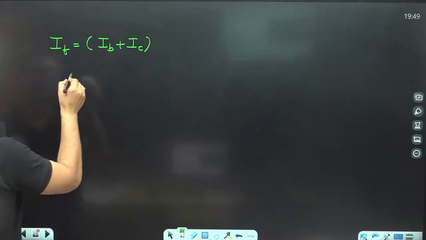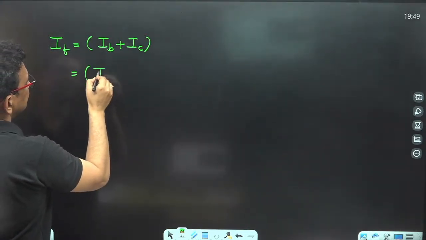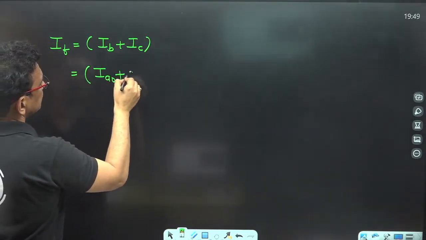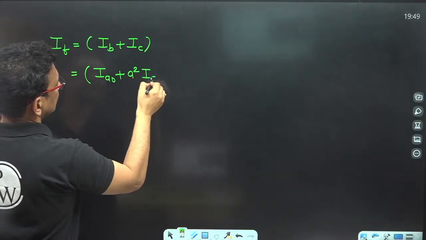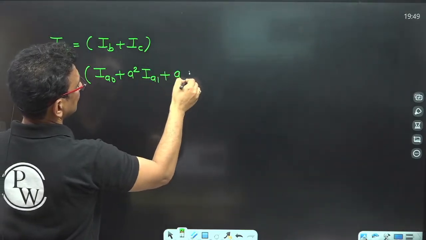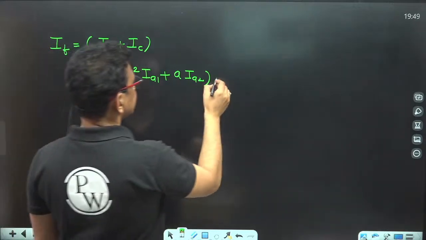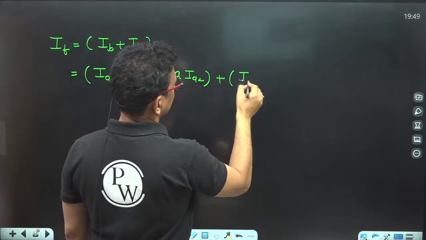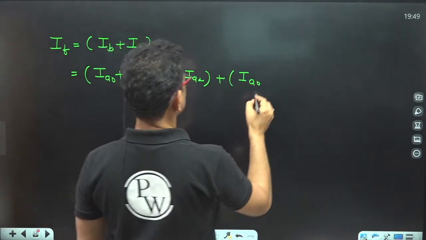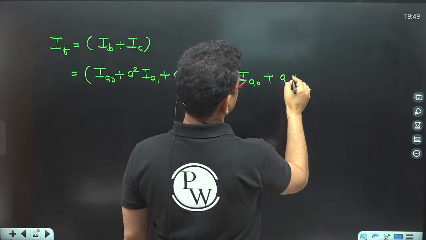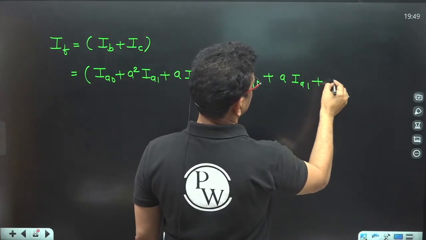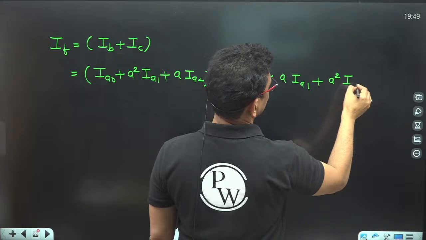And IB is IA0 plus A square IA1 plus A into IA2. IC is IA0 plus A into IA1 plus A square into IA2.